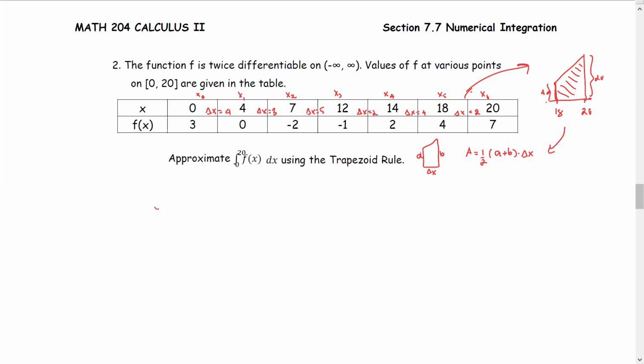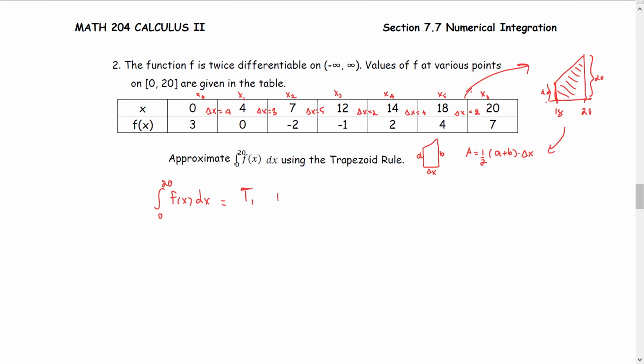To approximate the integration from 0 to 20 of this function f of x with respect to x, as we see, we have 1, 2, 3, 4, 5, 6 subintervals, so there are going to be 6 trapezoids.